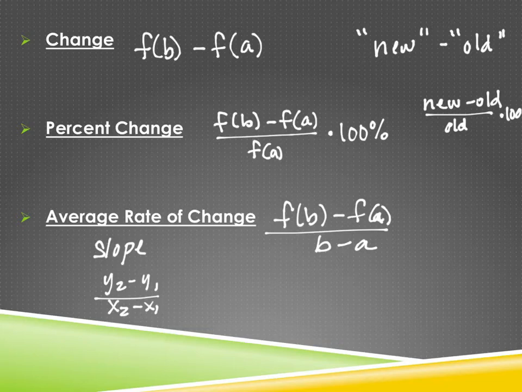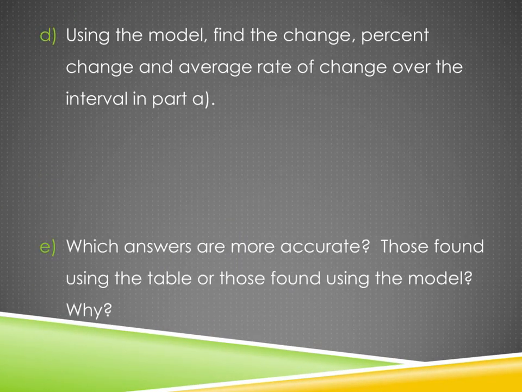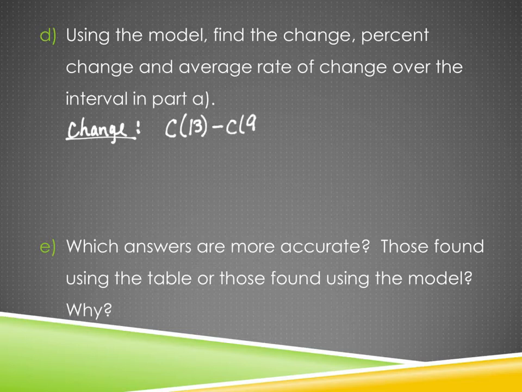We're going to do the same thing here, but we're going to use our function name, which I called c, and we're going to use the intervals that we had, which was 9 to 13. So when I'm calculating the change, I'm going to be writing down c of 13 minus c of 9. C because my function name was c, but use whatever you have.